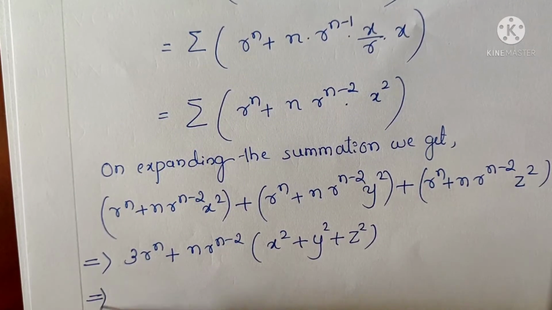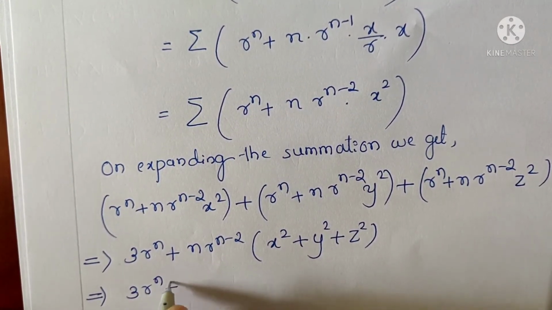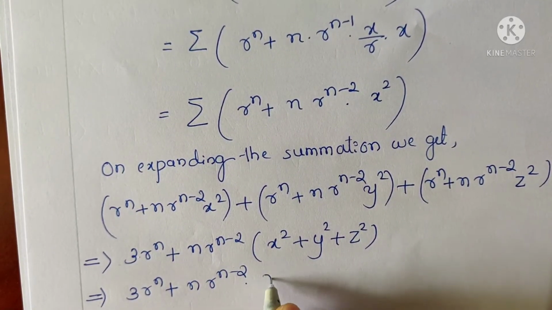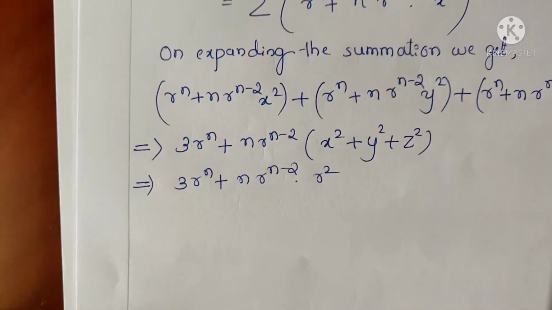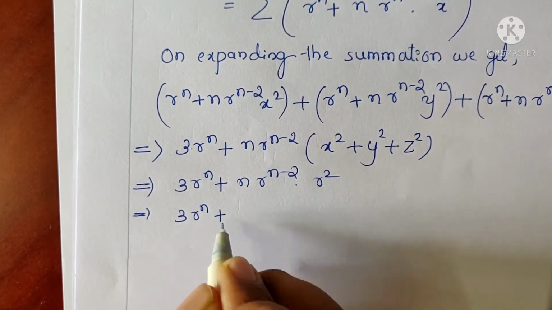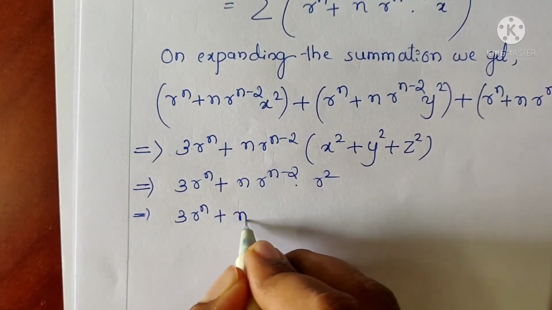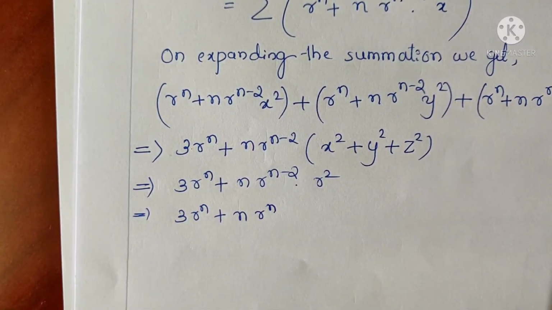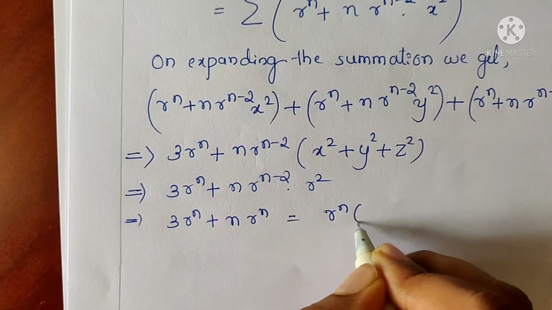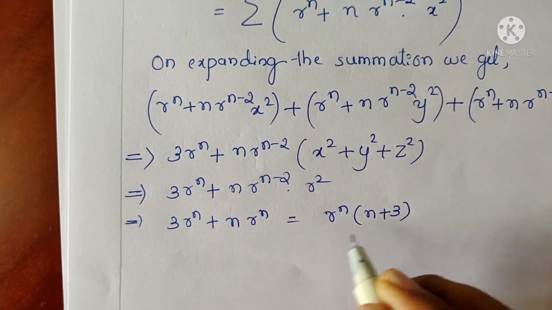So this implies 3 into r^n plus n into r^(n-2) into r square. So this is equal to 3 into r^n plus n into r^n. So this implies r^n, that is n plus 3.